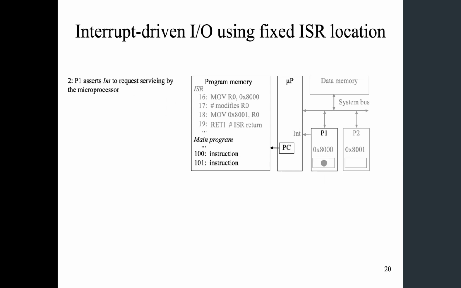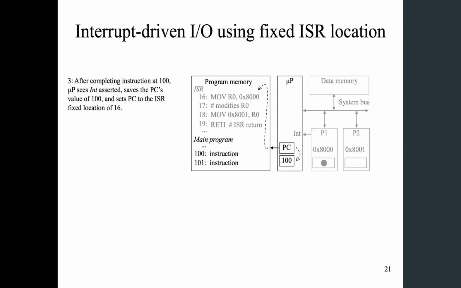The second step: P1 is going to assert this INT to request servicing by the processor. So you see here, this is a physical wire that connects the microprocessor with the peripheral device. When this goes to 1, this indicates that P1 has data.